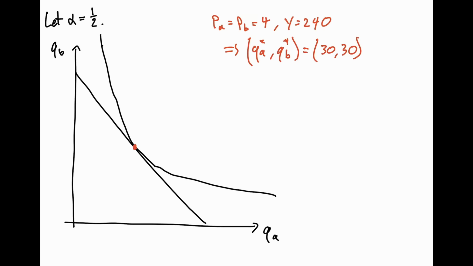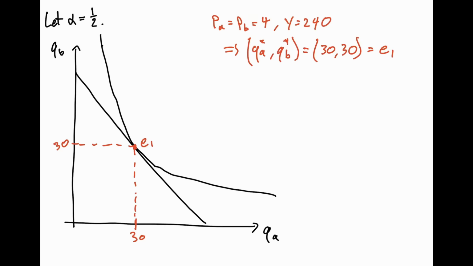Okay, and we'll call this point E1. So this is 30 and 30.